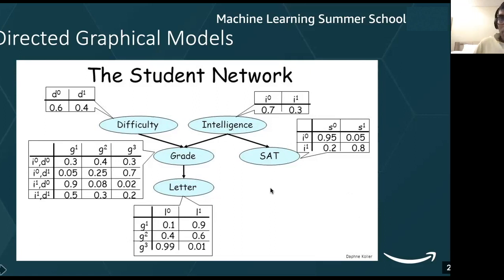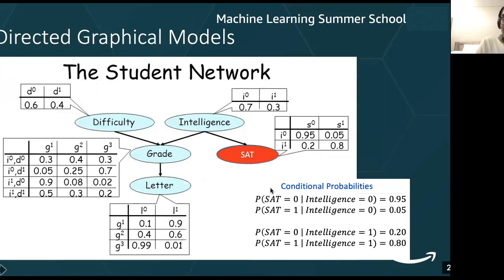Moving on, if you look at the SAT node, things become a little more interesting. SAT now depends on the intelligence of the student. Intuitively, you would expect that if a student is intelligent, then his SAT score would be high, whereas if a student is not intelligent, then his SAT score would be on the lower side.